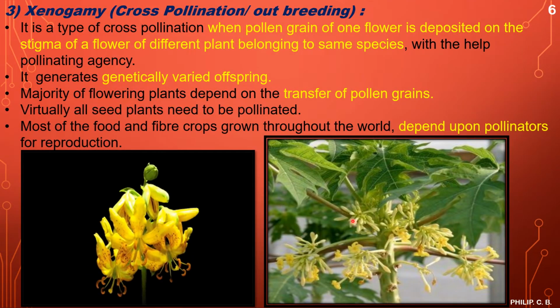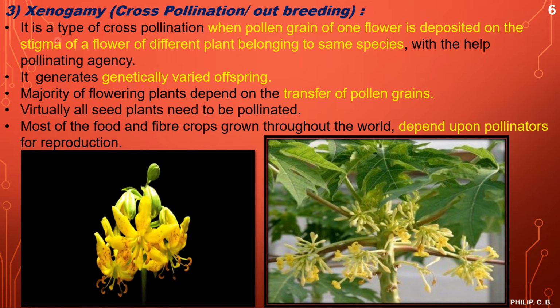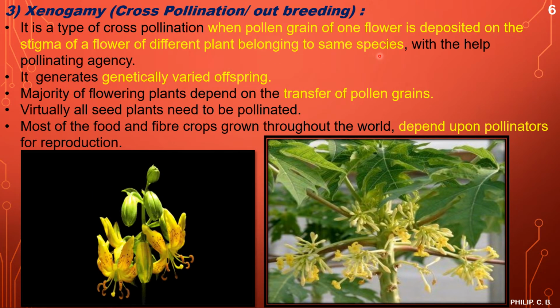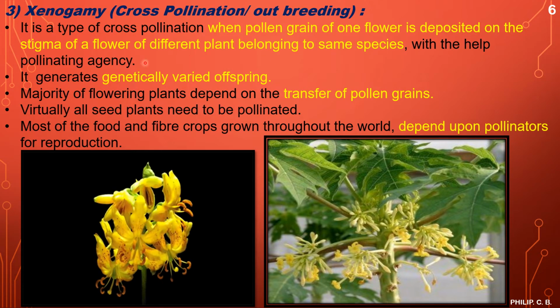Now moving to the third type, xenogamy, that is cross-pollination or outbreeding. Here, pollen grains of one flower are deposited on the stigma of a flower of a different plant belonging to the same species with the help of a pollinating agent.